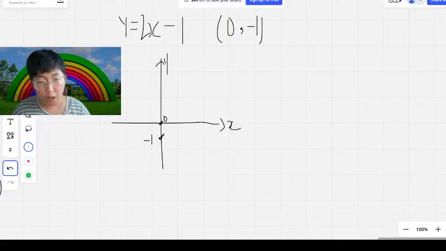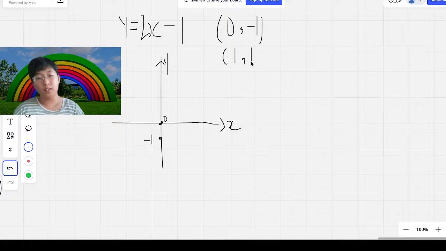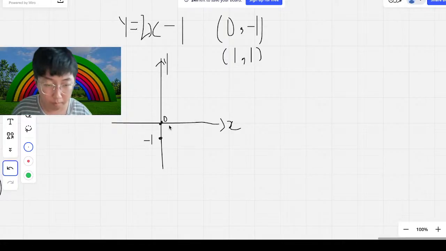So it's 0 comma -1, which is this point. And let's plug in 1 for x. Then, when x is 1, 2 times 1 is 2, and then 2 minus 1 is 1. So it's 1 comma 1.